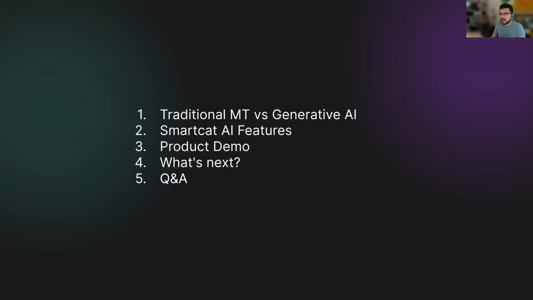I'll give a brief slide of what Smartcat features you can already use today. And with that, I will hand it over to Juan, who will be doing the demo of those features. After that, we'll be talking just briefly of what's coming up next in Smartcat in terms of AI. And we'll have, I think, plenty of time for a Q&A session at the end.